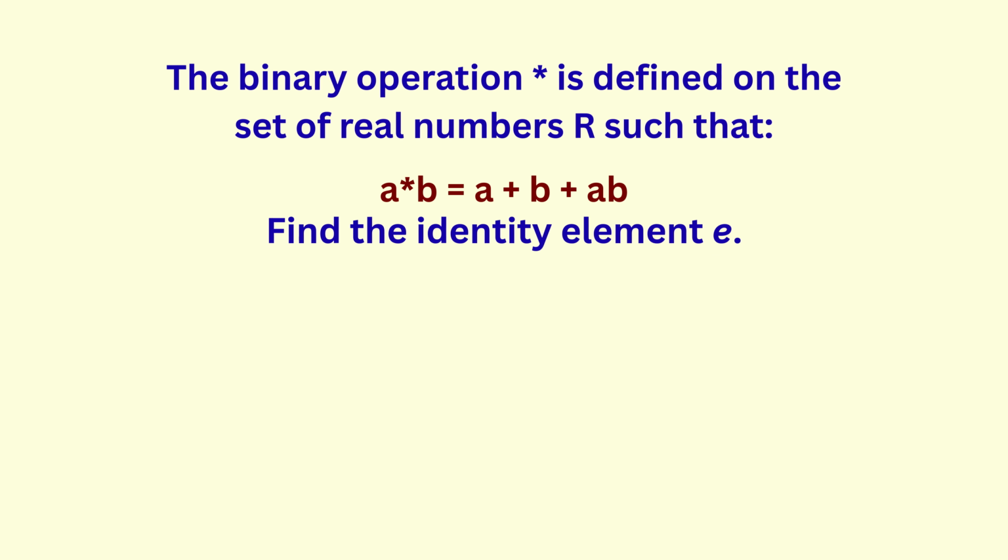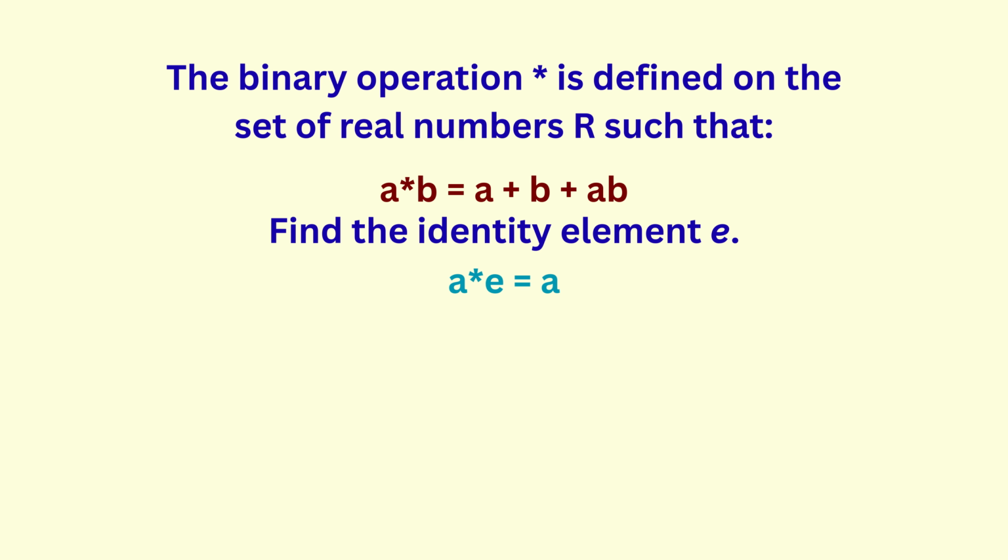Here's another problem. The binary operation star is defined on the set of real numbers such that A star B equals A plus B plus AB. Determine the identity element E. We know that A star E should leave A unchanged.